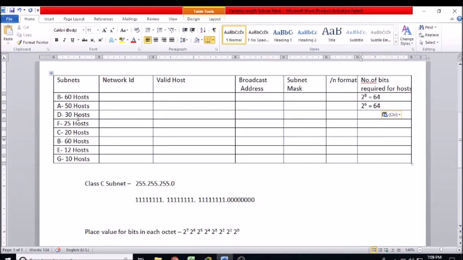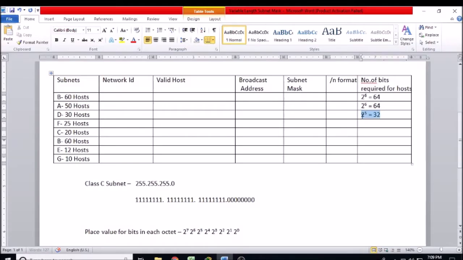And then for D the requirement is 30 hosts, so it is well and good with 2 power 5, which is equal to 32. So 5 bits are enough for the host.